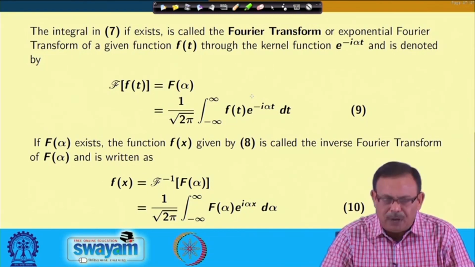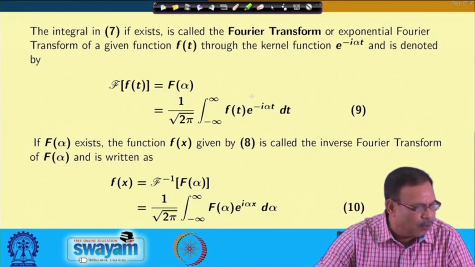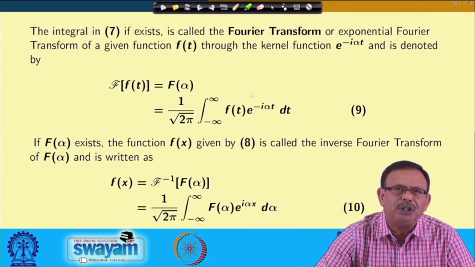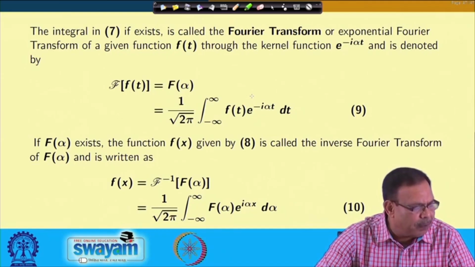Now, I told you about equation 4, in which I got the Fourier integral representation of the complex form.